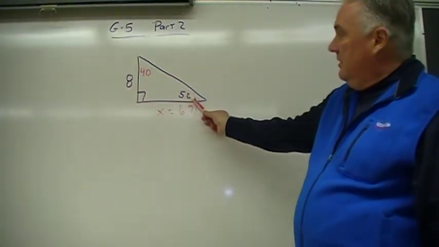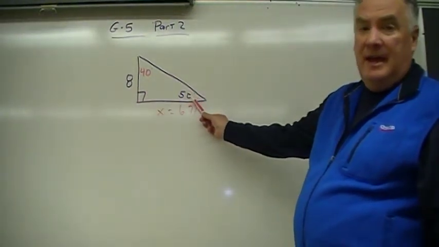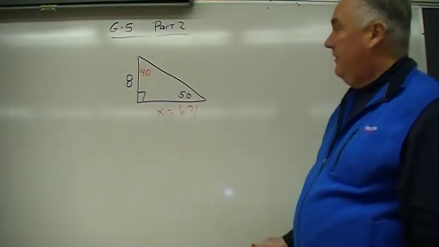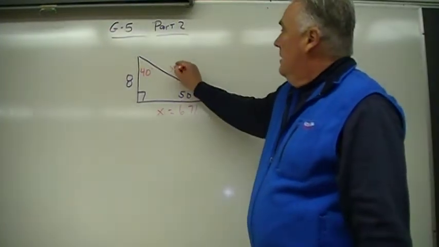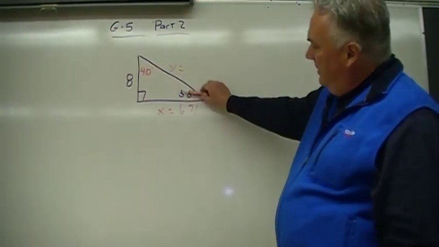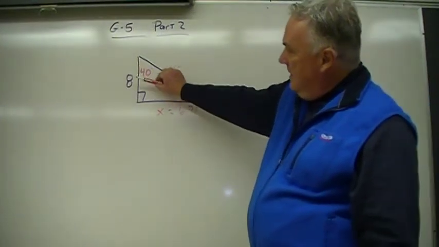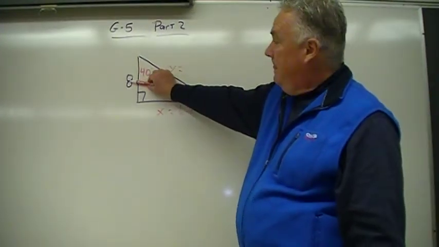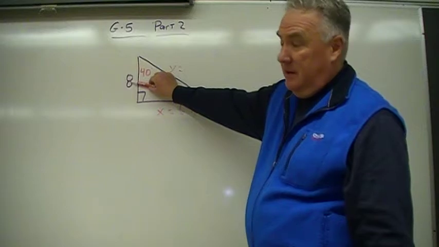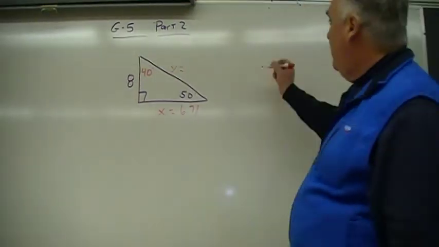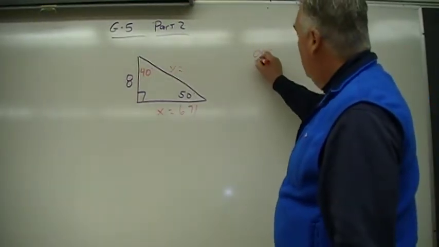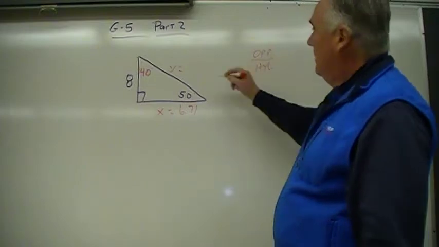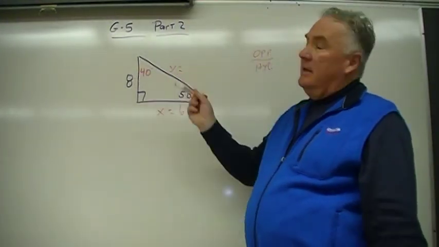And then I usually use the angle opposite that, which would be 50. So which relationship, if we're using 50 and we're using 8, which is the opposite side, which relationship has opposite over hypotenuse? We're trying to use the opposite side and the hypotenuse.